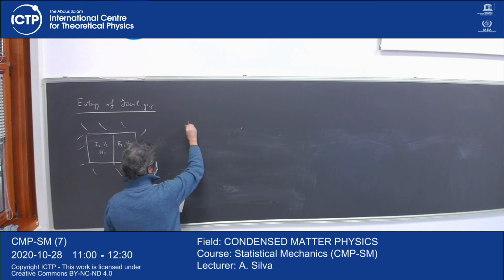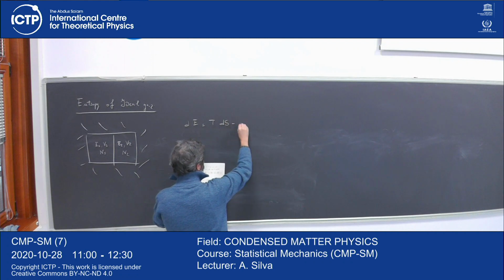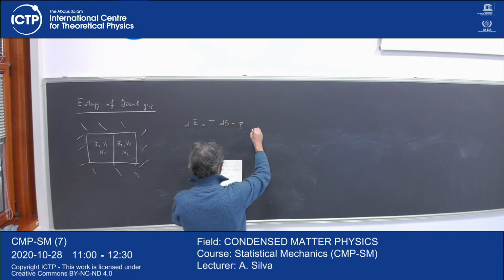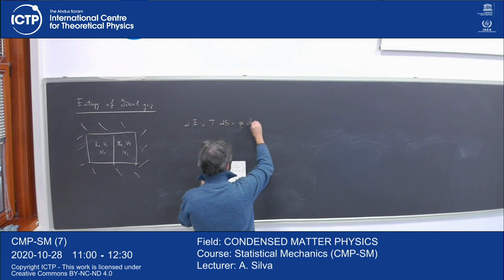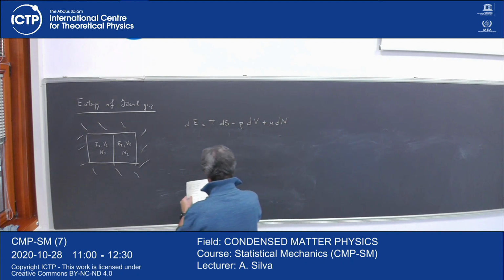So we know that dE is equal to T dS minus P dV plus mu dN, right?